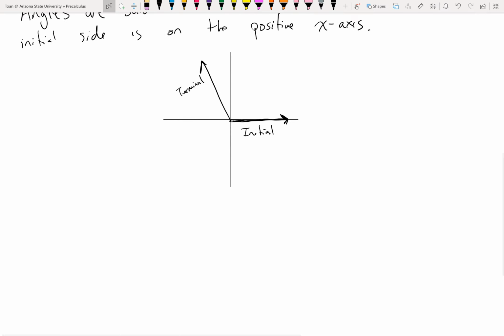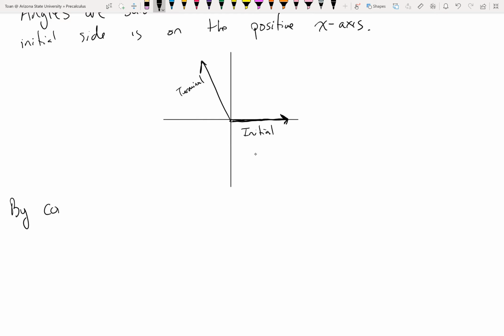Now the idea of an angle is purely convention. That is to say, it is an agreement within the mathematical community. It's not something that's found in nature, but it's something that we all agree, hey guys, let's do the same thing.